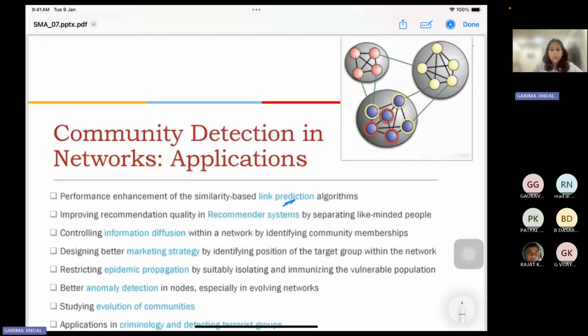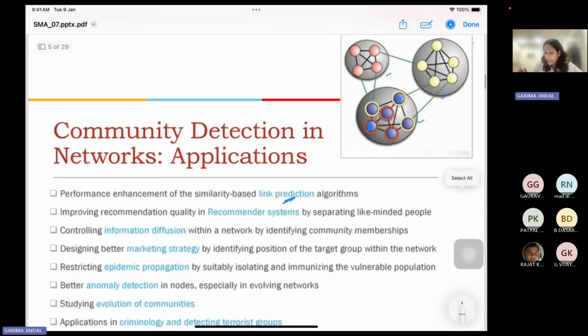For example, let us suppose I have this network and I have these three different groups. Let us suppose this is my node A and this is my node B. Currently we can see that node A and node B are not connected. There is no direct connection between A and B, but we can see that both belong to the same community.